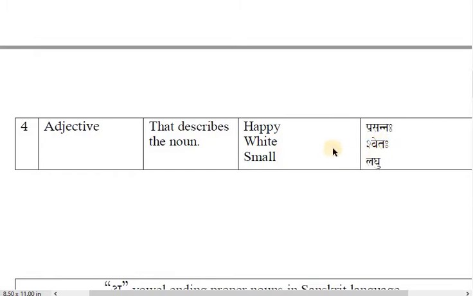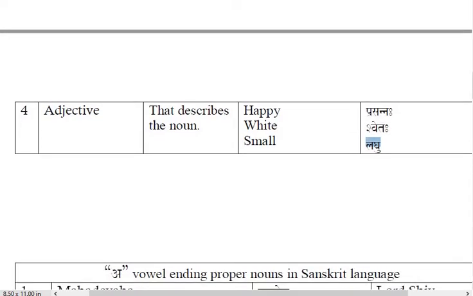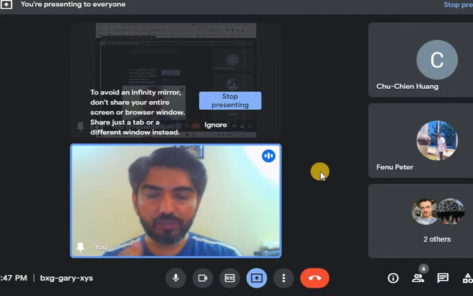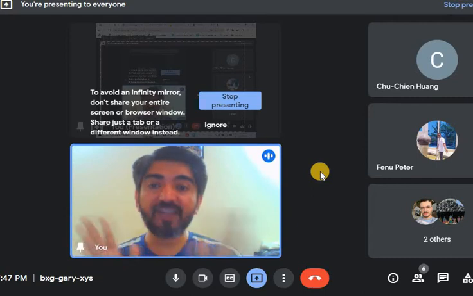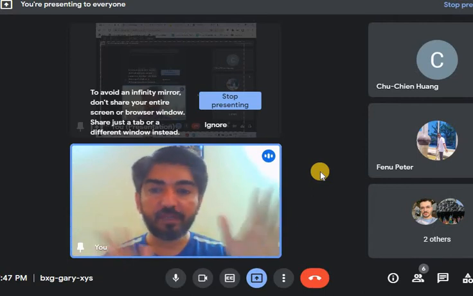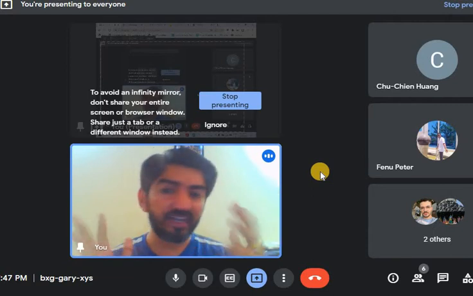Prasannaha, Swetaha, Laghu are the Sanskrit words for happy, white, small. The term Laghu is used as light also in Ayurveda. Laghu means light also, and small also. So students, here you understood that all nouns are categorized in the English language as proper, common, abstract, material noun and collective noun, adjective, everything.